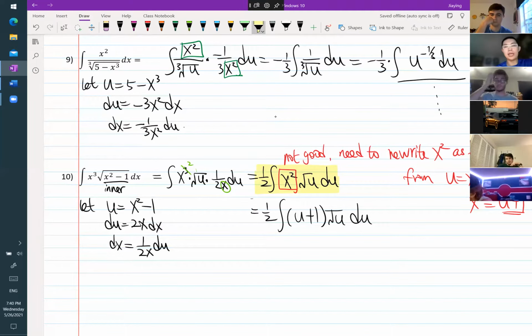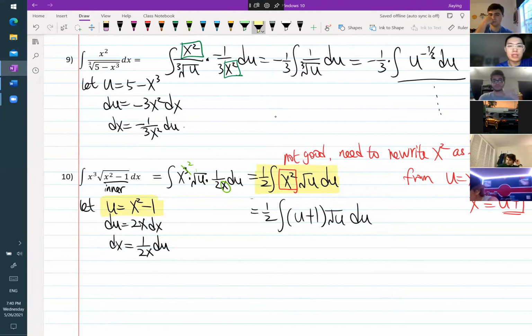I cannot integrate there. So I need to replace x squared with some expression with u. From the beginning, we said we're going to let u equals x squared minus 1, and I can solve for x squared from there.